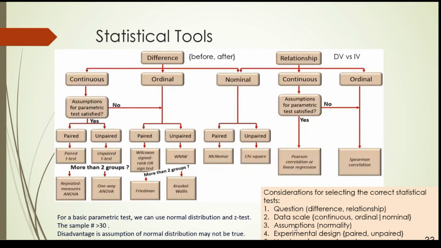And then you look at the type of data. Number two, the type of data. Is it a continuous data like time, height, weight? Or is it ordinal? Ordinal data is not like weight, height, but it is qualitative.